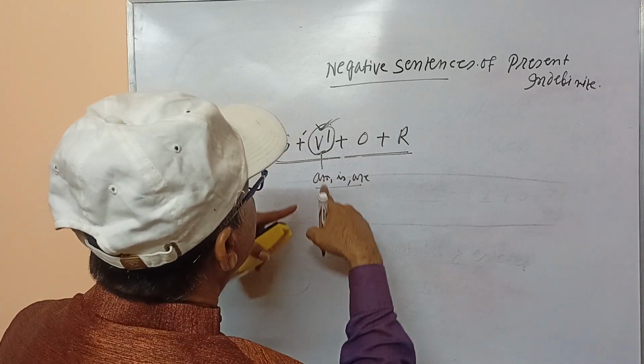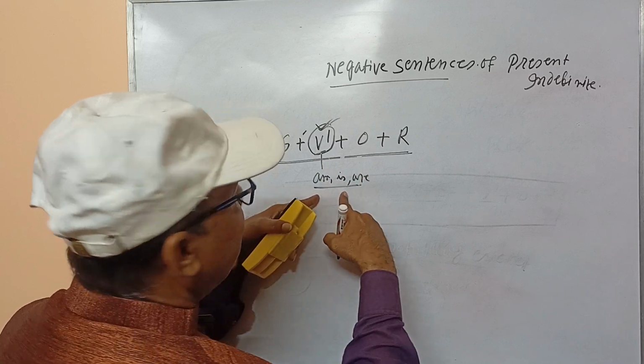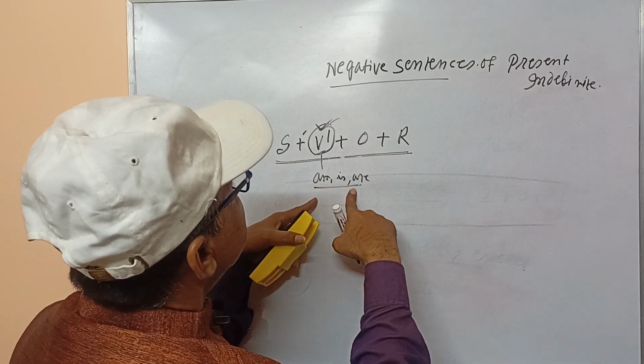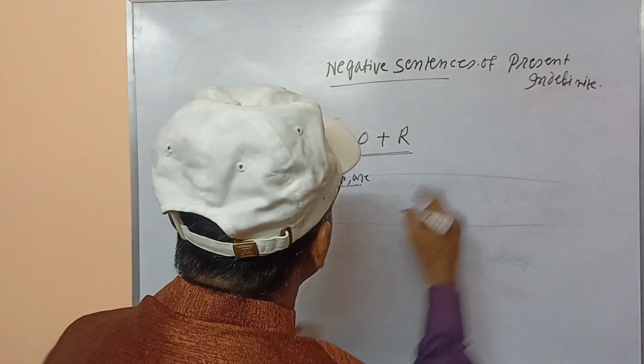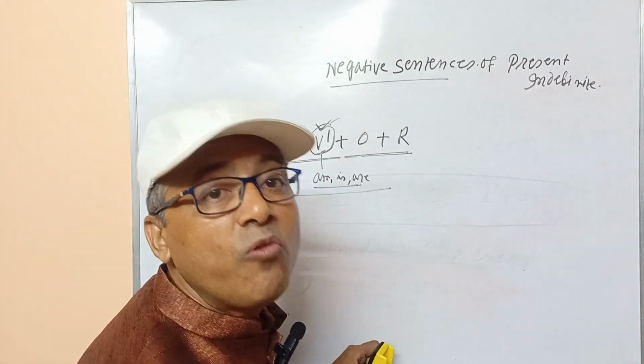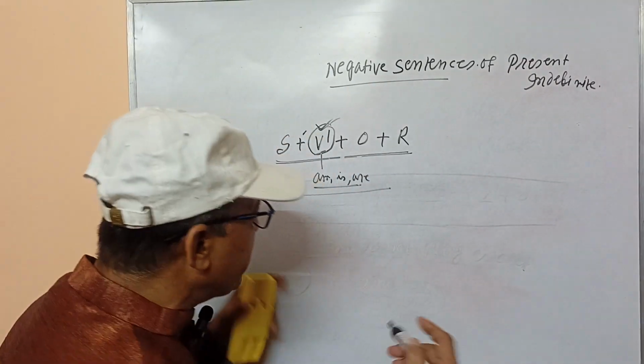Just in place of verb 1, I had written in my affirmative sentence formula subject, am, is, are, object, and remaining. But if I want to make it negative, how will I frame the negative? Very easy, very simple.